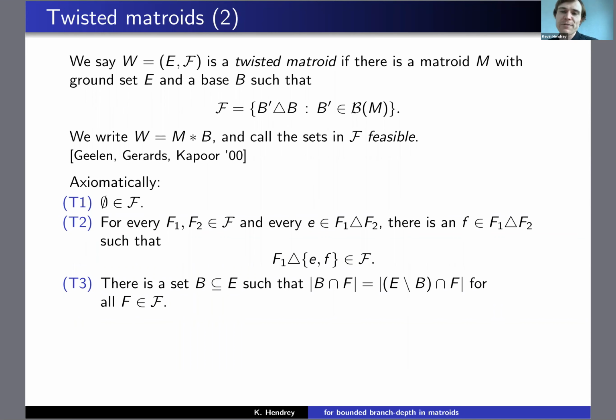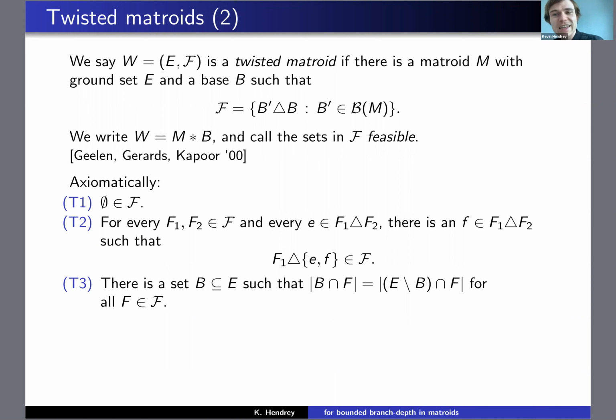But we don't have to define the twisted matroids in terms of matroids. We could, if we wanted to, set up the twisted matroids independently. And if you wanted to do this, then it would look something like this. First, the empty set is always a feasible set. Second, if you have two feasible sets, and you consider any element in their symmetric difference, then there's another element such that the symmetric difference of F1, F2 and those elements is still feasible.